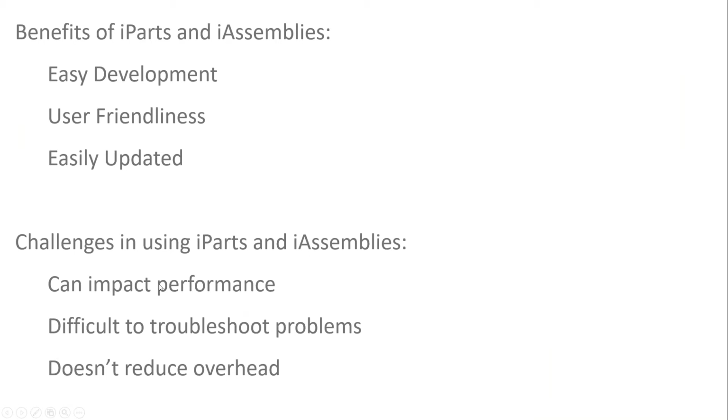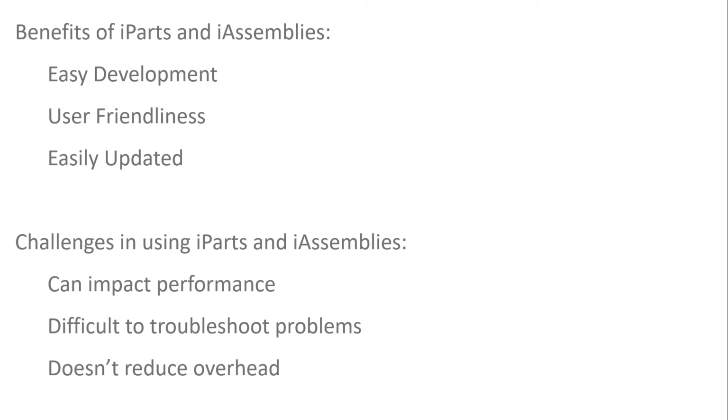If I make a change to an upper level iAssembly that could impact a lower level iAssembly, which could then potentially impact a lower level iPart, I have seen situations where just making a simple change of defining a different component in a sub-assembly could literally take 5 to 10 to 15 minutes.